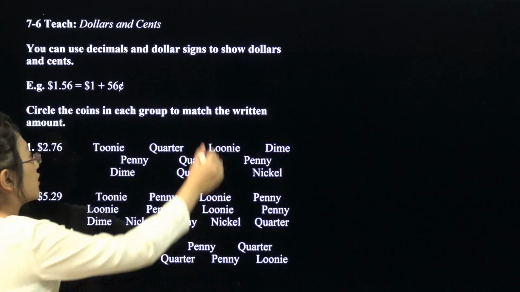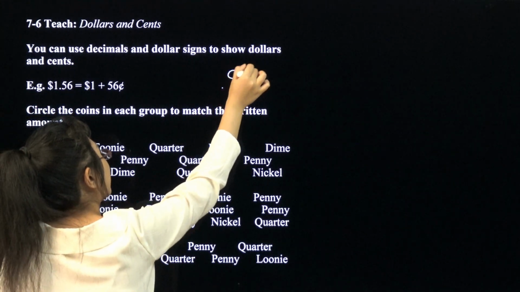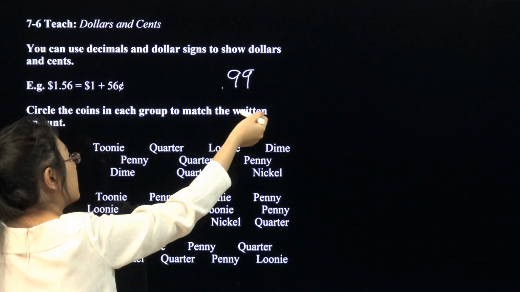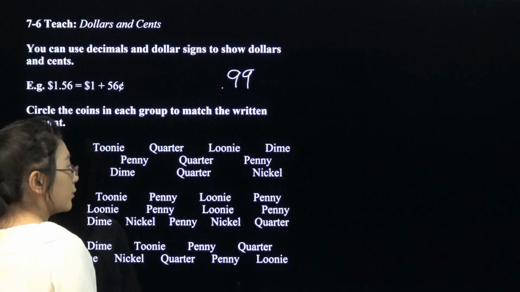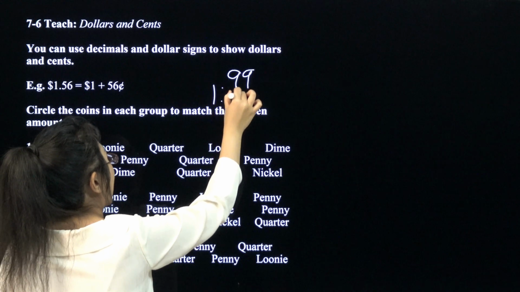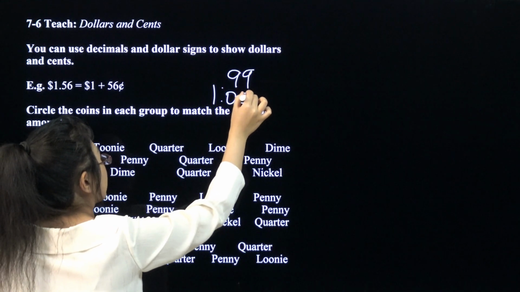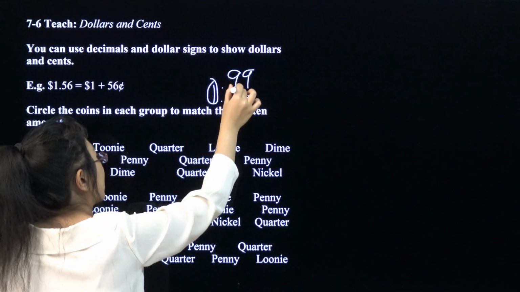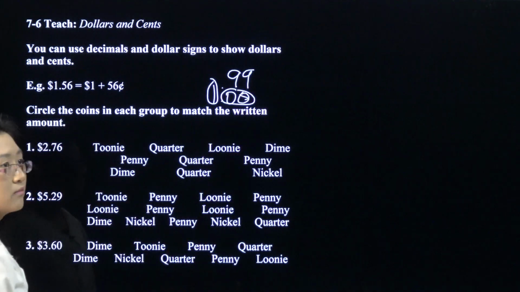Now, what's after the decimal point can go up to 99, which is 99 cents. And just like regrouping, if there's 100, then it's 1.00 because there's $1 and no cents.